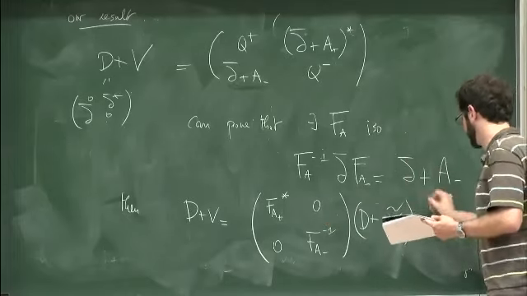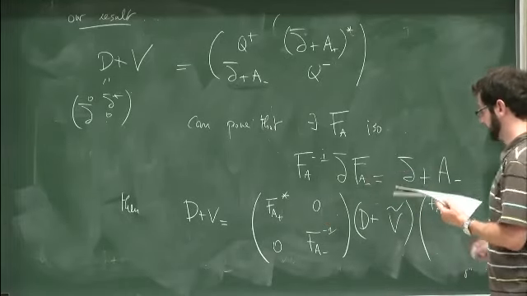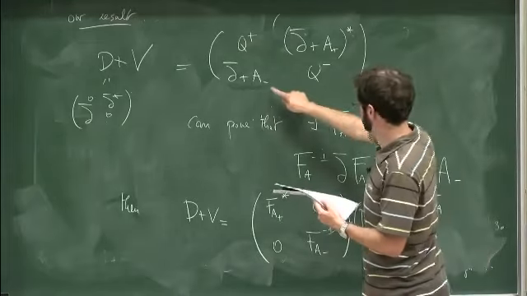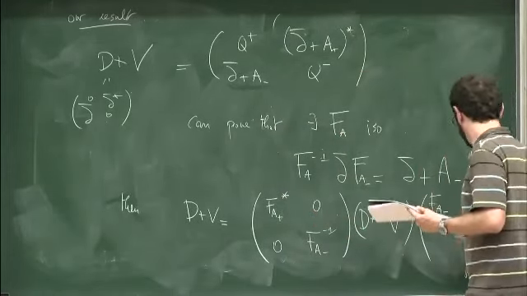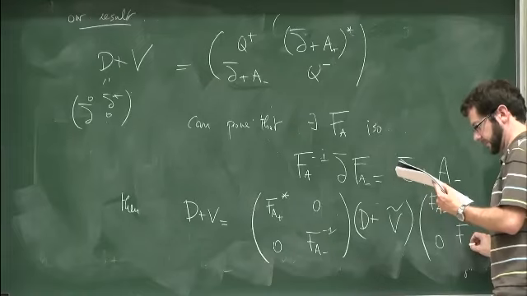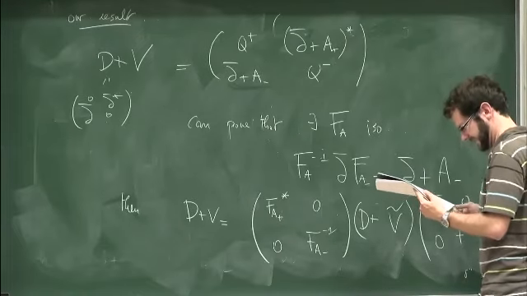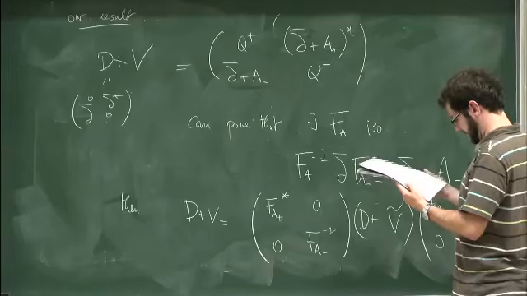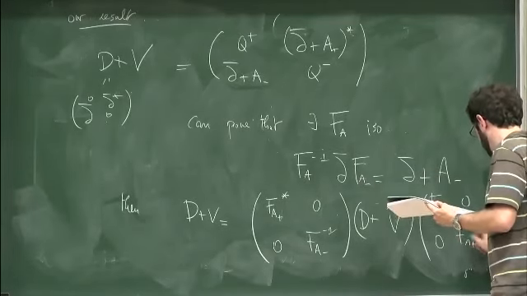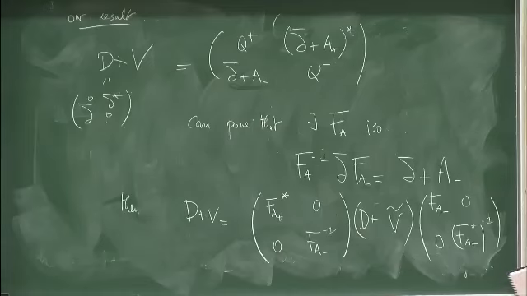I will write what V tilde is. And here is F_a plus, minus, 0, 0 and F_a star, F_a plus star minus 1. So you can factorize this way, and V tilde is the following thing.